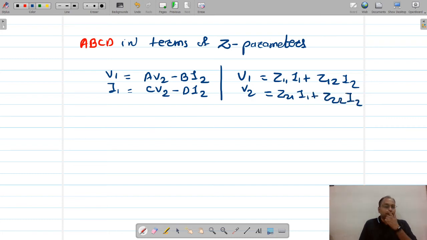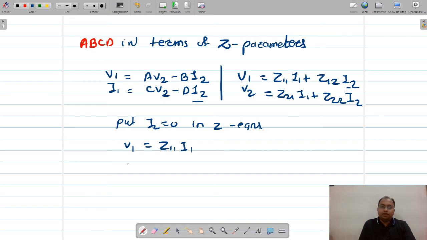Great. So to find out the first parameter, again we need to put i2 as 0. So wherever there is i2, put it as 0. Put i2 is equals to 0 in the Z equations, to find A and C. So v1 is equals to z11 i1, and simply v2 is nothing but z21 i1.